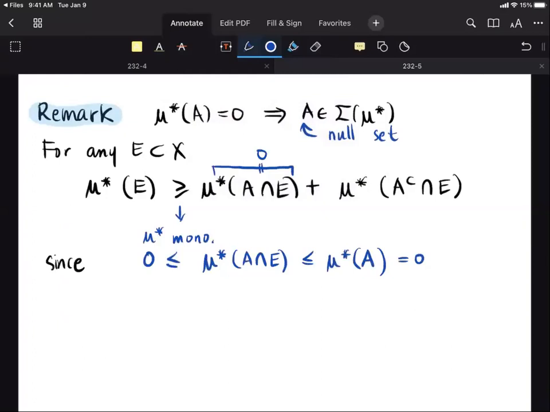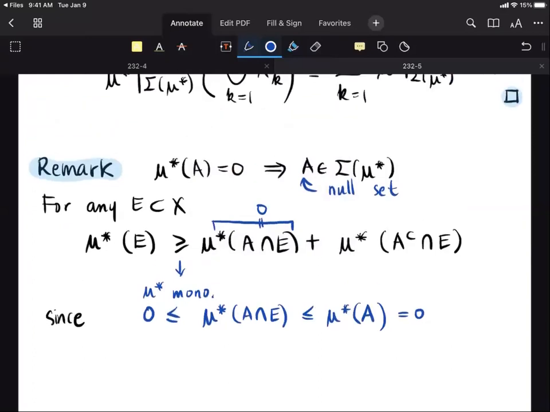Therefore, the outer measure of A intersection E is equal to 0. In other words, all subsets of a null set are also null sets. Based on this inequality, and according to our discussion a while ago, this is enough to say that A is indeed measurable. So all null sets are measurable.